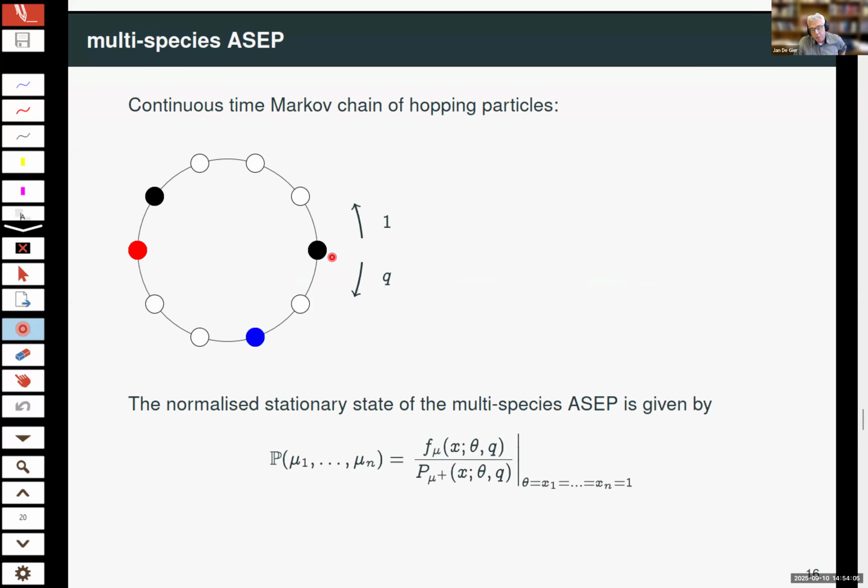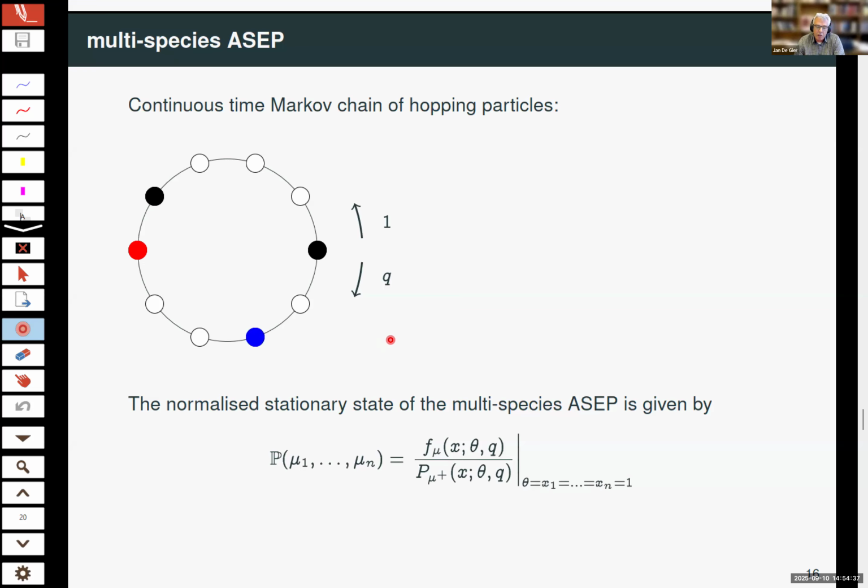This is a classical stochastic process of hopping particles on a circle. In the rank 1 case, you just have black and white dots, where white corresponds to a hole and black to a particle, and this would be very closely related to the XXZ spin chains. If you have multiple colors, you're just looking at a higher rank version.